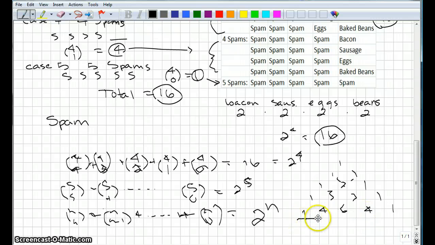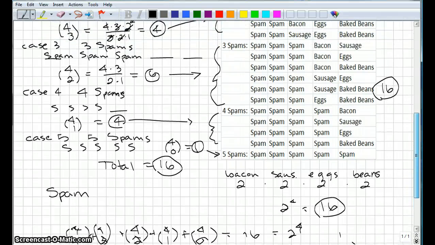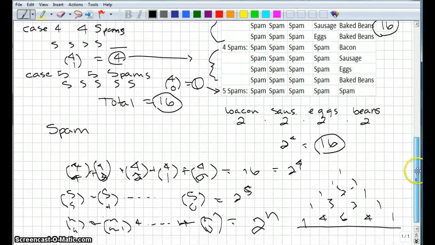So this row of Pascal's triangle is exactly what we got when we calculated all those combinations of 4 choose whatever. And if we sum all the numbers in the row, we get 2 to the 4th.